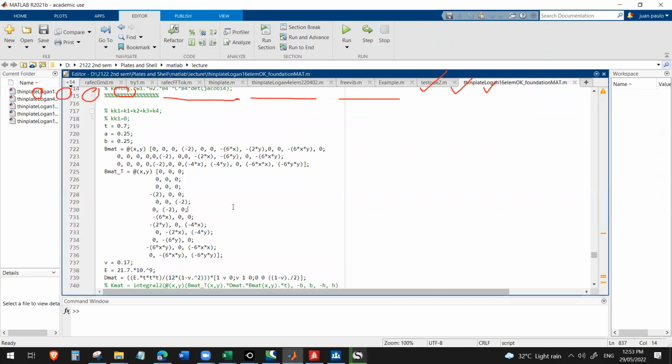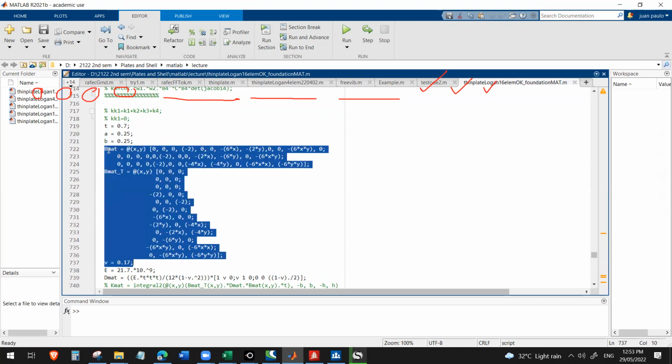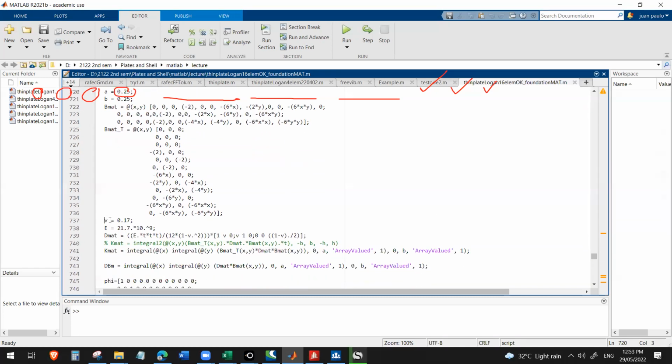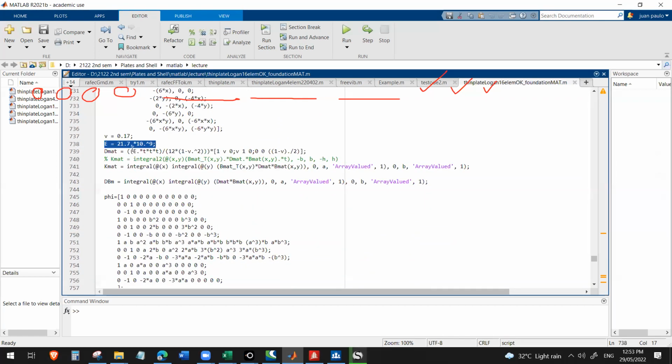Okay, so in MATLAB, it's the same code, except syempre iba lang yung coding mismo, pero it's the same formula I use. This is the B matrix, the B transpose, this is the thickness, 0.7, the size of the mesh, 0.25, the Poisson ratio, 0.17, the elasticity na 21.7 gigapascal, same formula for the rigidity, or the D matrix.